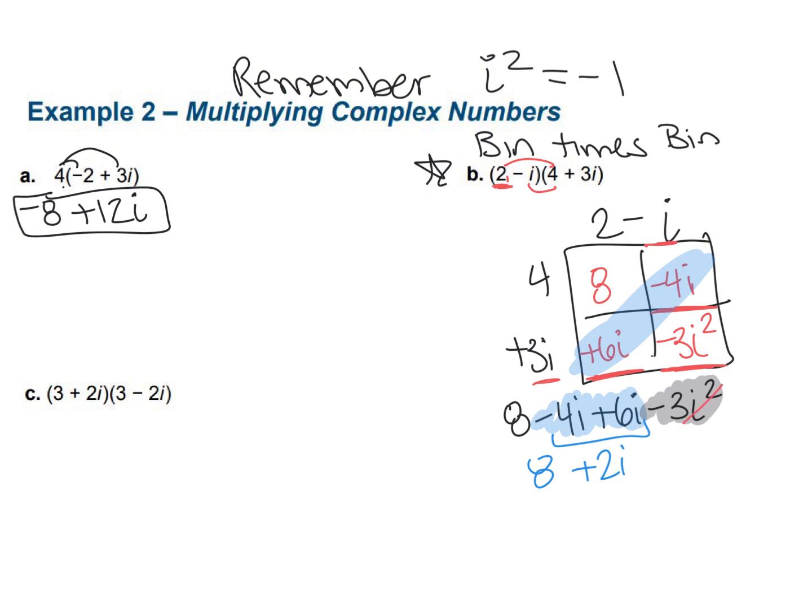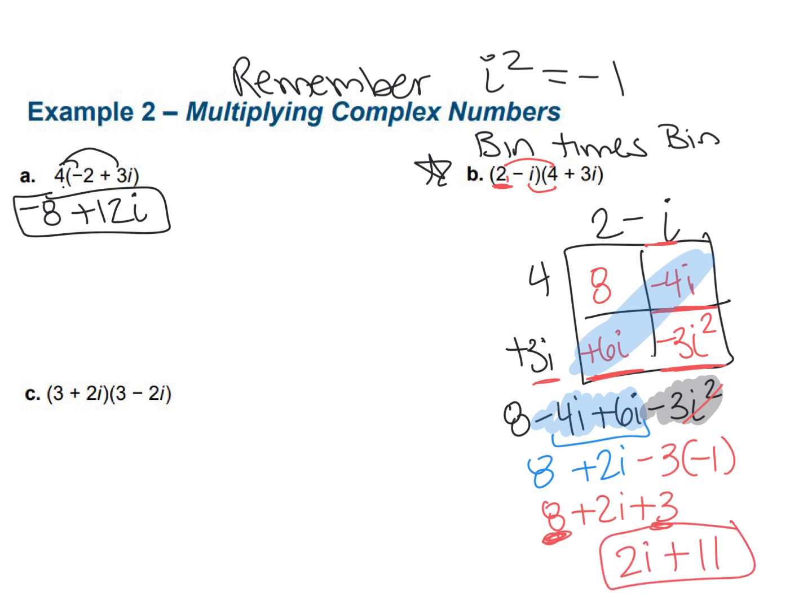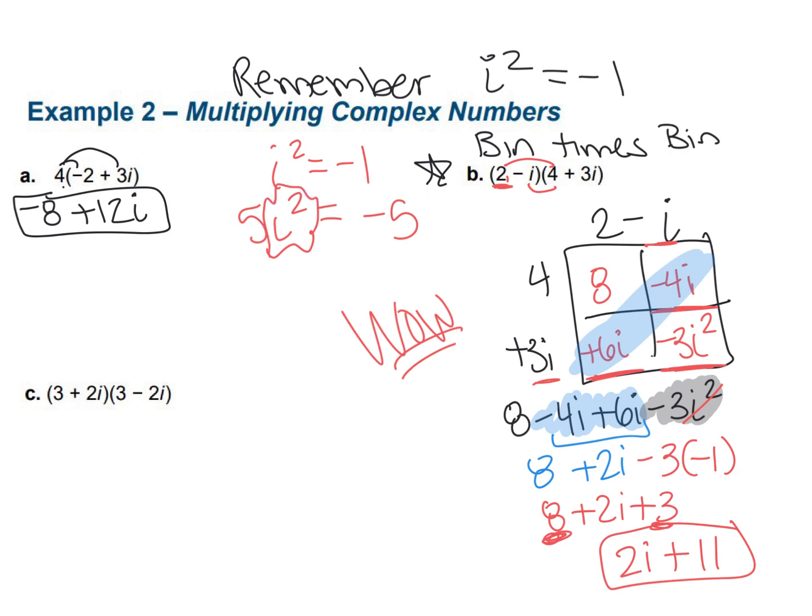So i squared gets replaced here with a -1. And so this actually becomes 8 plus 2i plus 3, and then I can combine 8 plus 3, which is 11. So this becomes 2i plus 11, or 11 plus 2i. Whoa, that's crazy, right? So just remember, i squared equals -1. So if I have 5i squared, that would equal -5 because this i squared would get replaced with a -1.